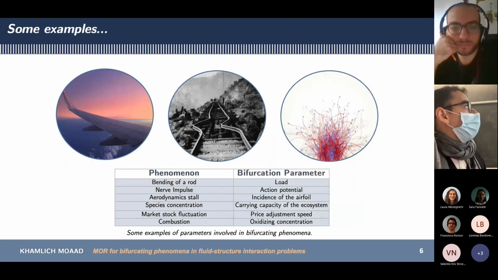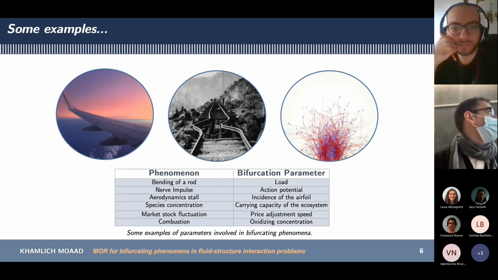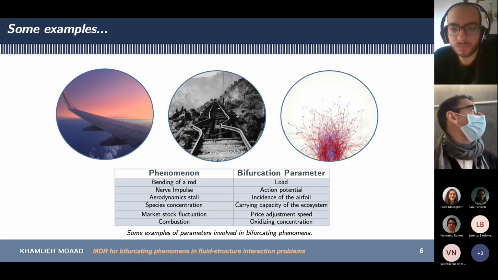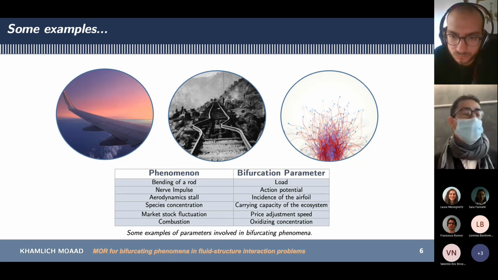Just to simplify, one can state that every time there is a drastic change in the structure of the solution for a slight change in the value of the parameters, one may be dealing with a bifurcation. For those of you who come from the aerodynamical sector, as myself, one simple example that comes to mind is the aerodynamic stall.